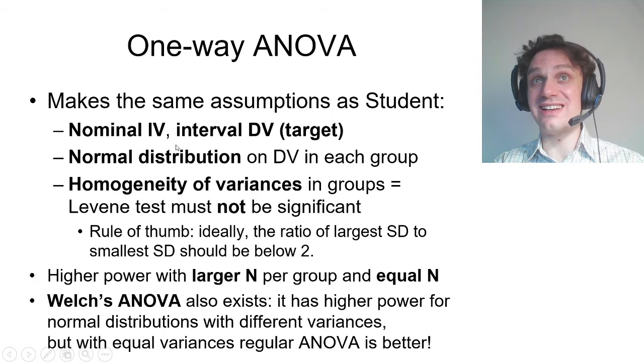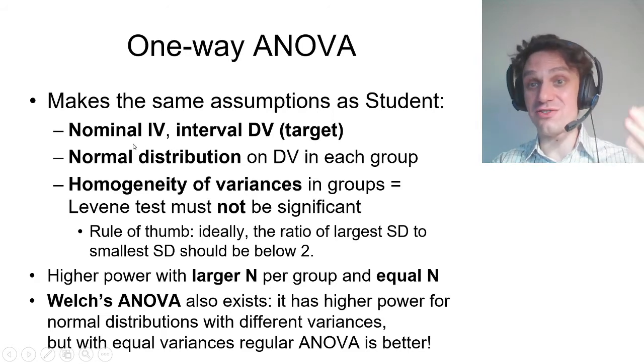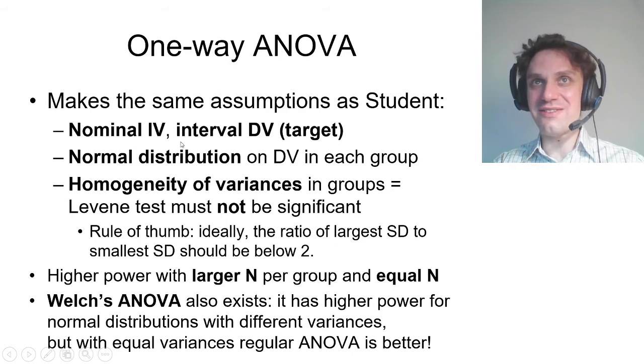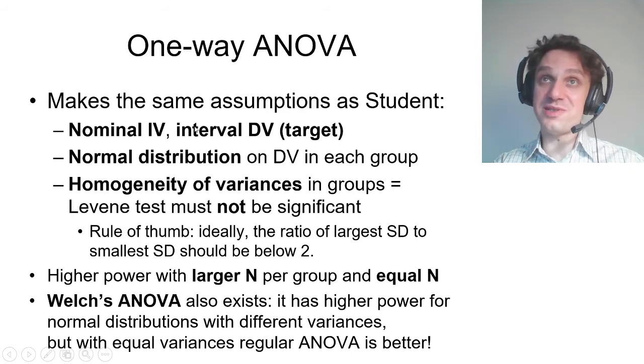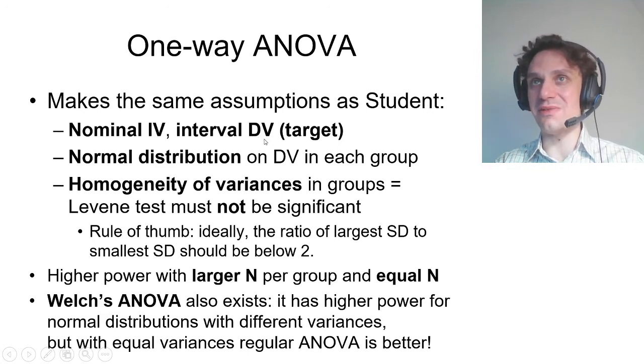So ANOVA assumes that your variable which separates those groups is nominal, and the variable on which you are comparing those groups, your target variable, is interval. It is also called dependent variable. And the variable which separates the groups is called factor sometimes.